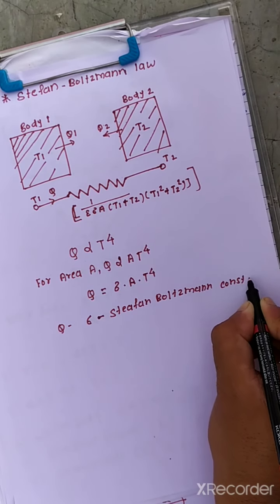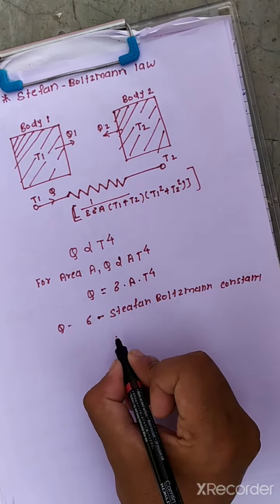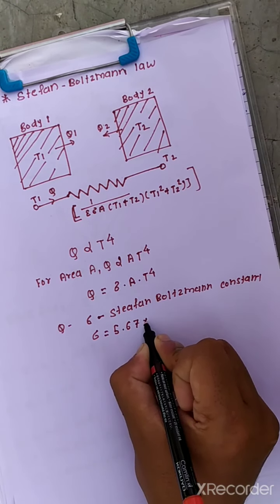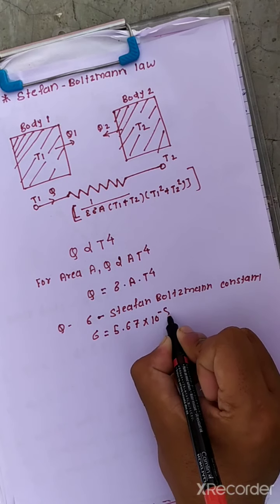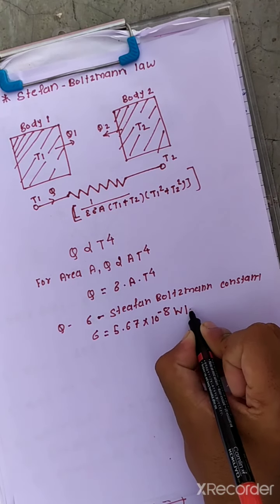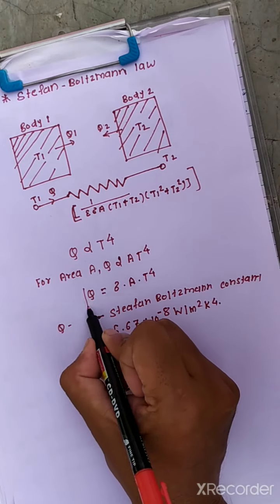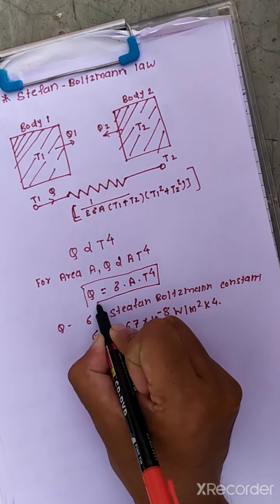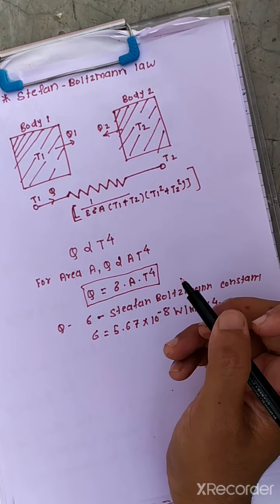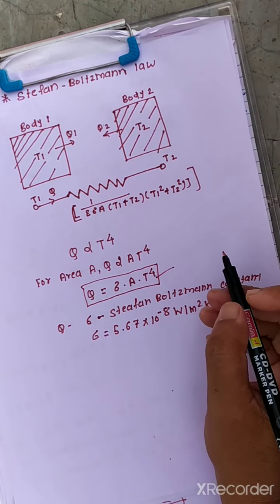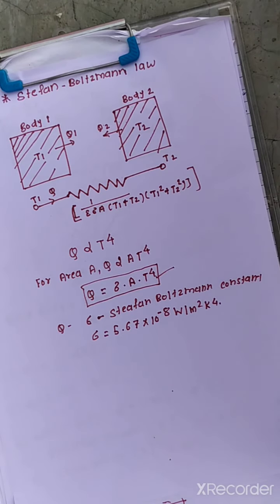It has a fixed value of sigma equal to 5.67 into 10 to the power minus 8 watt per meter square K to the power 4. This equation holds good for the black body only. A black body is one which absorbs the entire radiation.